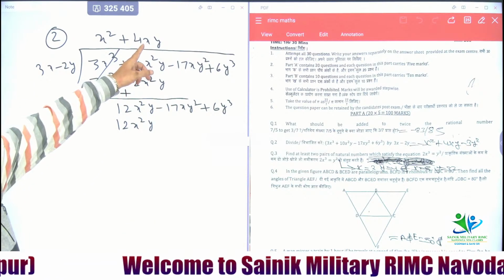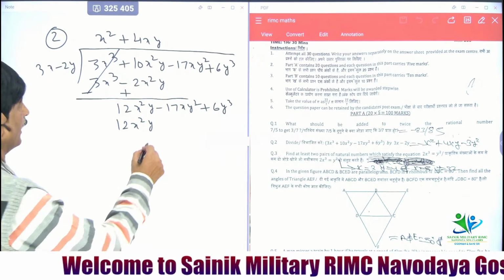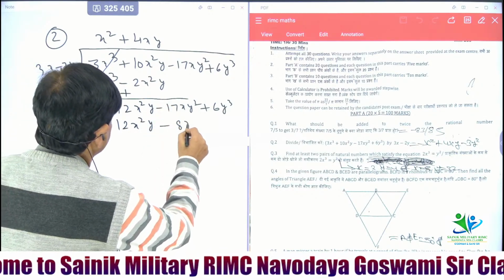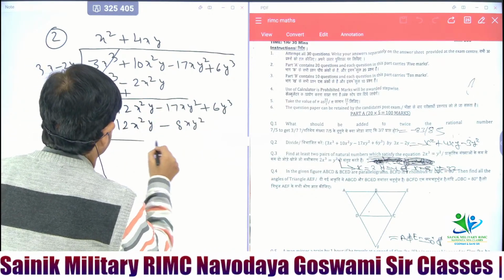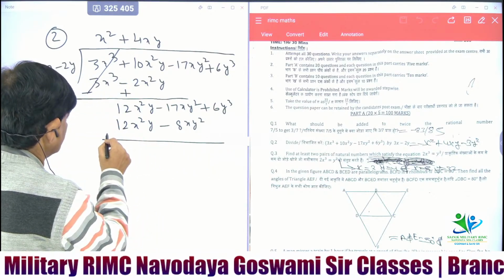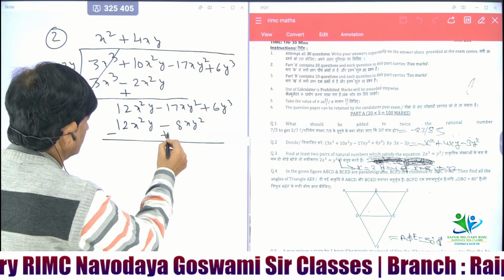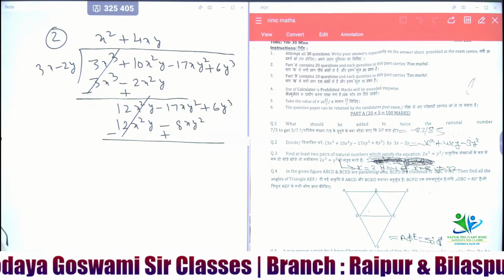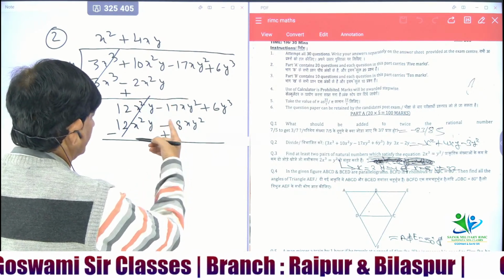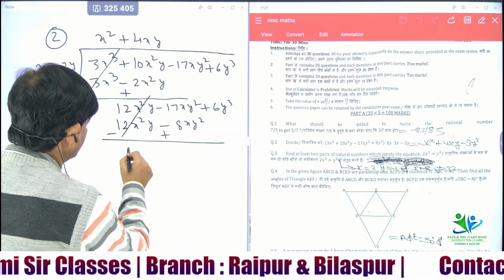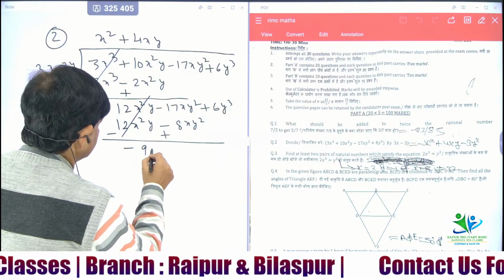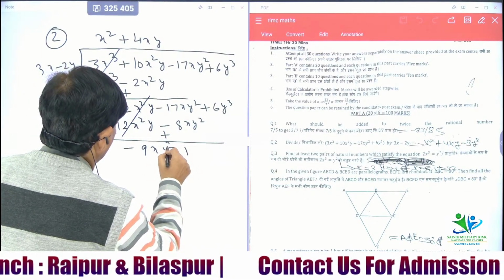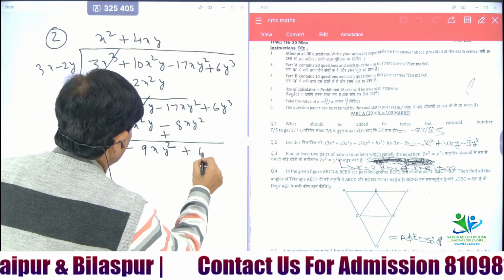And now multiply 4xy by 2y and you get minus 8xy square. Again change the sign, and this term will be cancelled. Now 17 is negative and 8 is positive, therefore the final result is minus 9xy square. And one term is remaining, that is 6y cube.